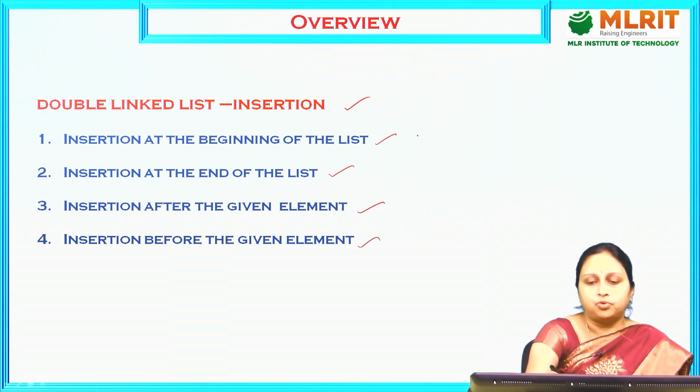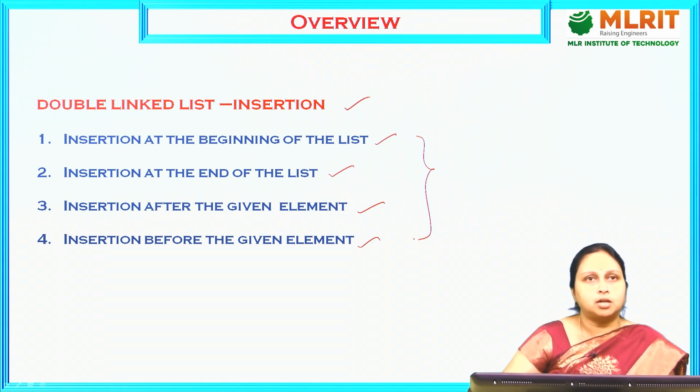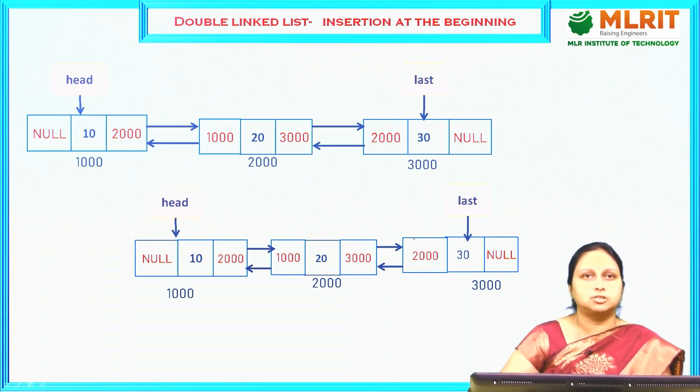These are the 4 different types of insertions we can perform in a double linked list. Let us go ahead with the first one, inserting a new node at the beginning of the list.